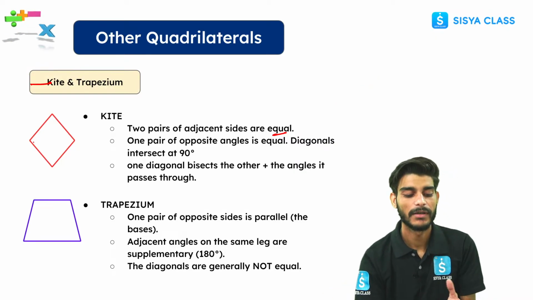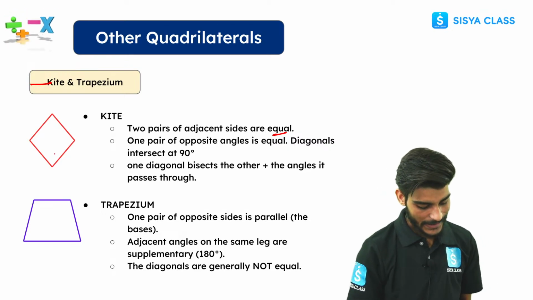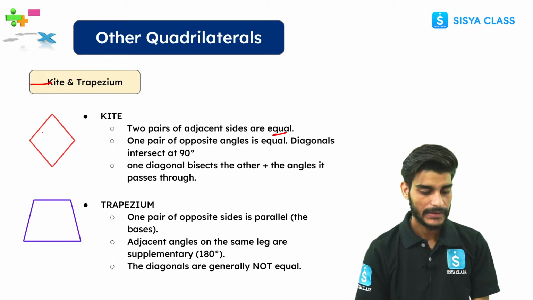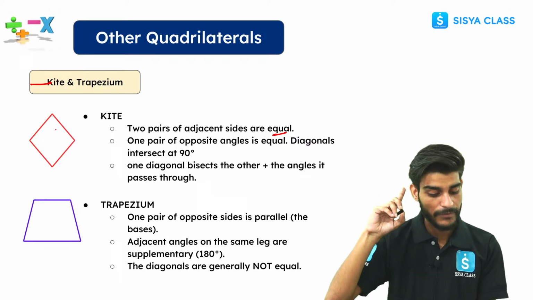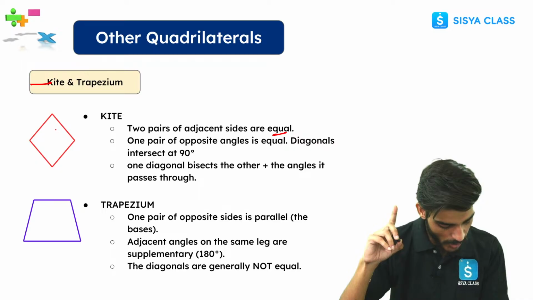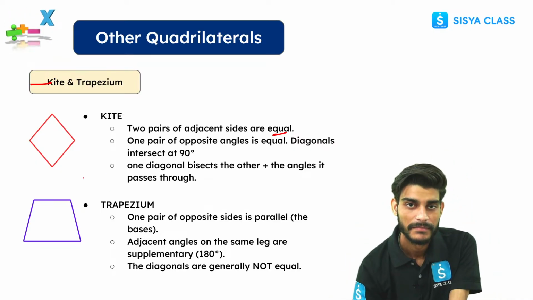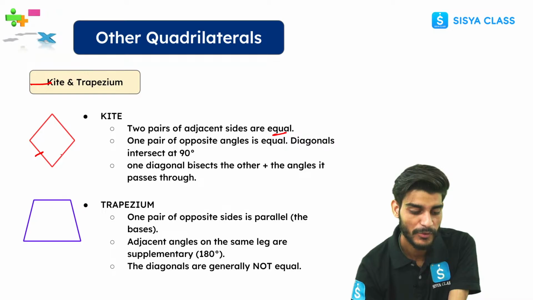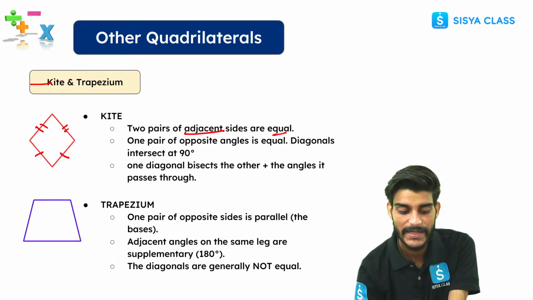The kite will look something like this. Now all of you will say, sir, it's something like a rhombus. But in rhombus, if you remember, all sides were equal. But here only the adjacent sides are equal.